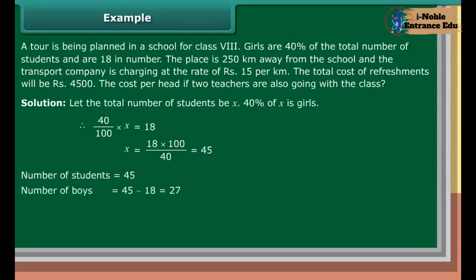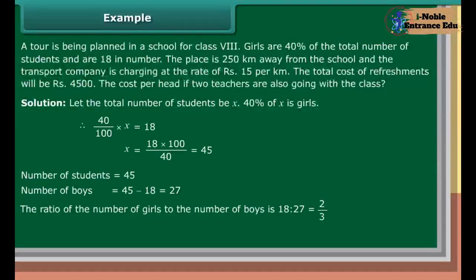Number of boys is equal to 45 minus 18, 27. The ratio of the number of girls to the number of boys is 18:27, which is equal to 2 upon 3. 2 upon 3 is written as 2 upon 3 and read as 2:3.